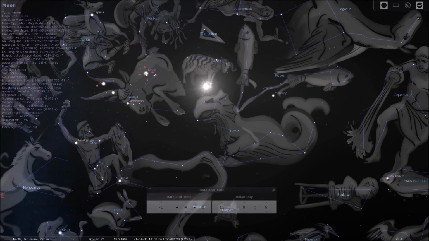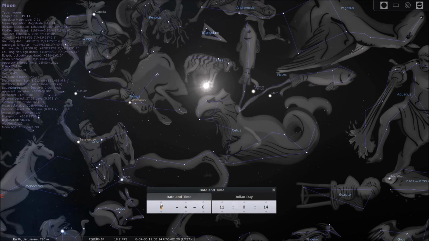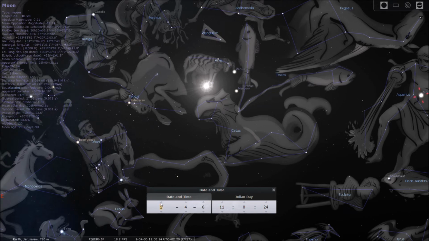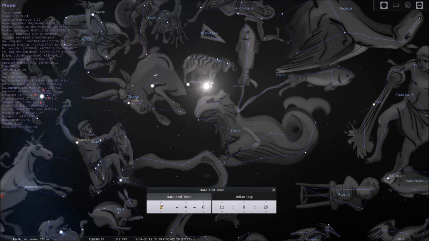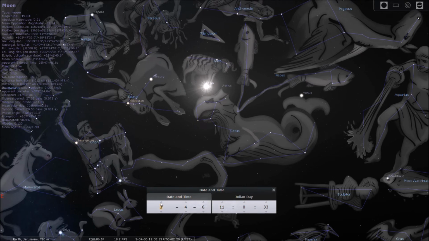Let's highlight the moon this time. And then 1 BC. All by itself. 1 AD. 2 AD. 3 AD.